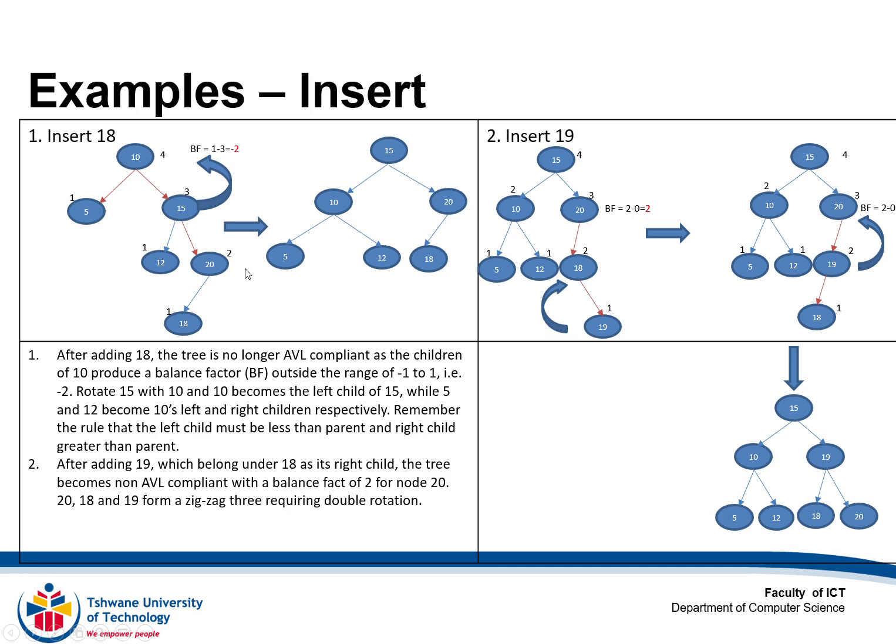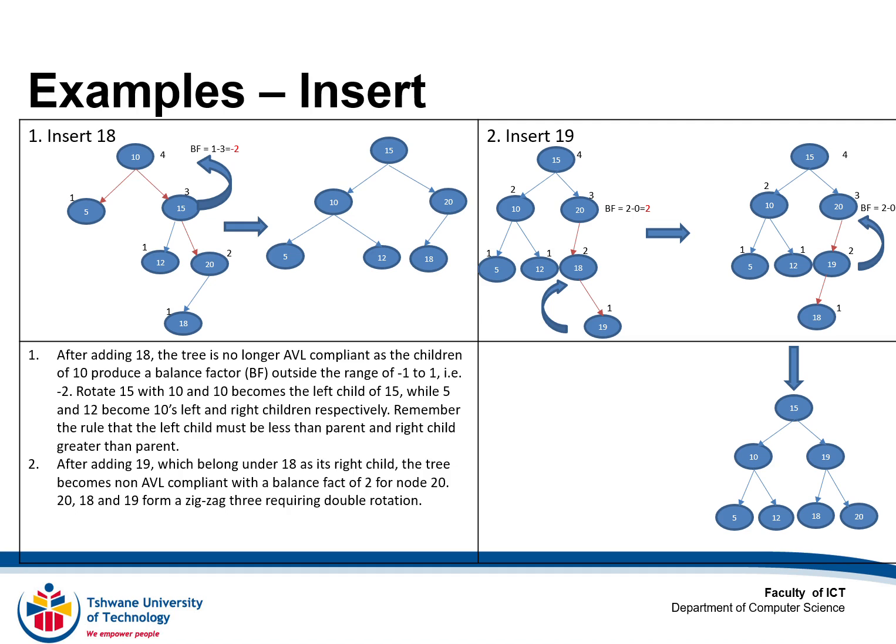Alright, perfect. So after inserting, we have to determine the height of the tree. To determine the height, this is height 1, 2, 3, 4. This is 1, that is 1, okay? Because they've got no children. Perfect.